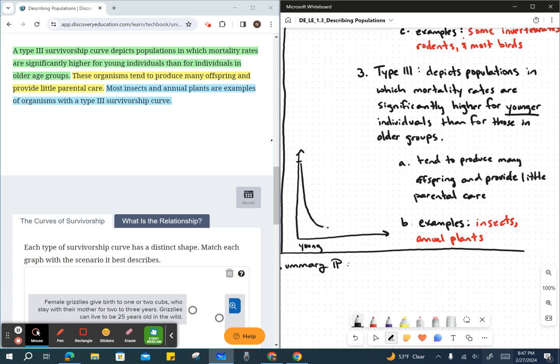And then if you can make it past your youth, you may have a pretty good chance of making it to old age at that point. Okay. So that's what that looks like, and this would be a type 3 survivorship curve. All right.